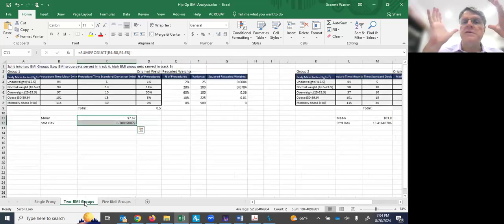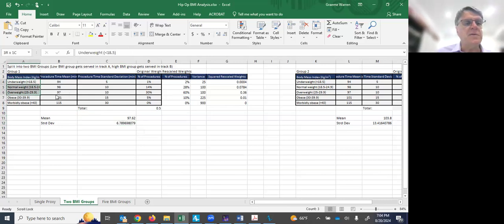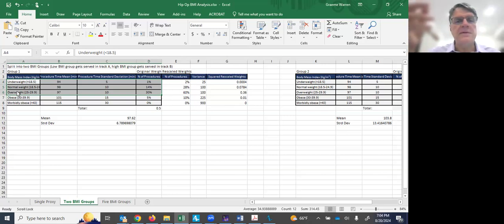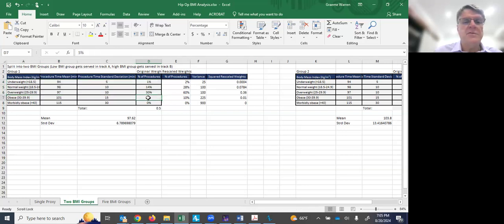But if I split these folks, what I'm doing here is taking the first three categories, so all of the underweight folks, all the normal weight folks, and then 30% of the total are overweight, so that's 35% with the overweight folks, and then an additional 5% of the obese.